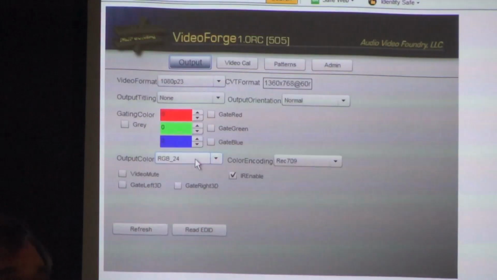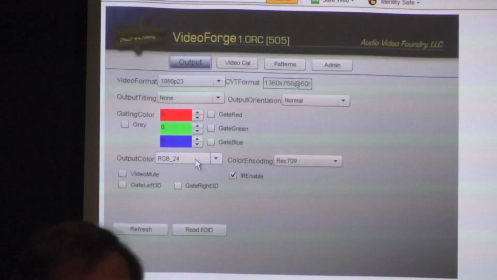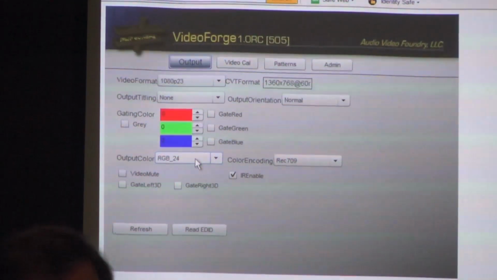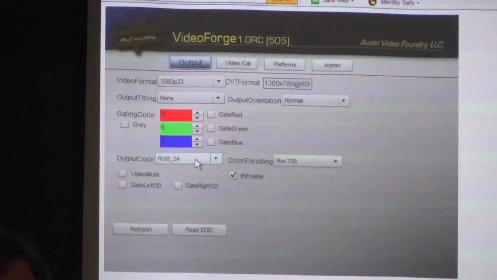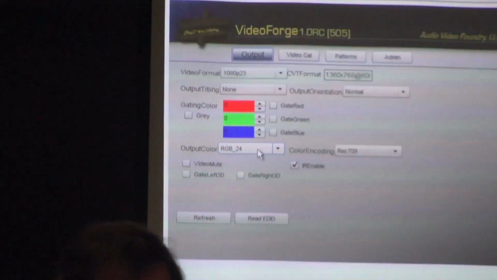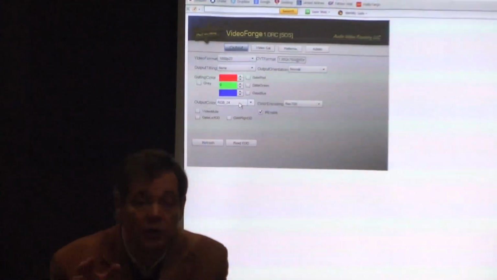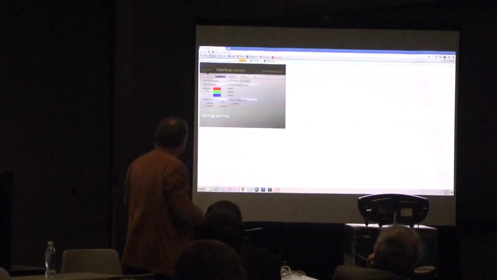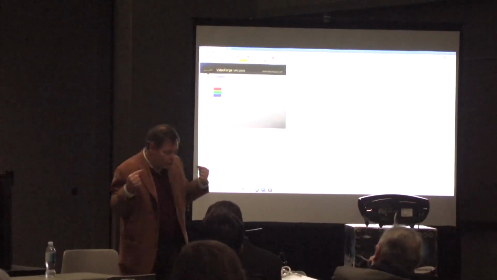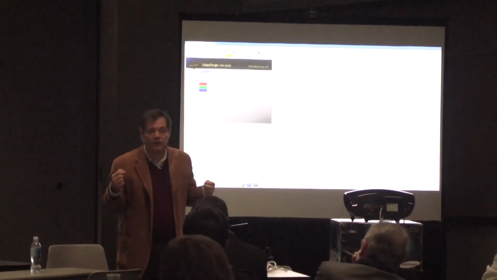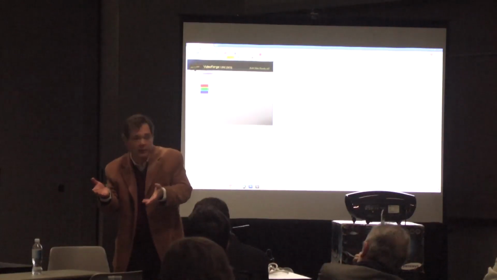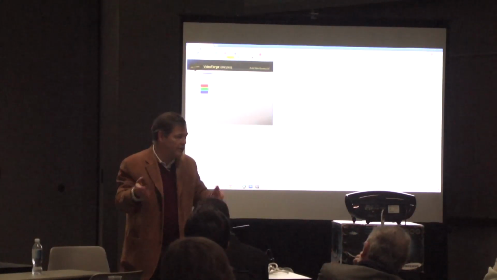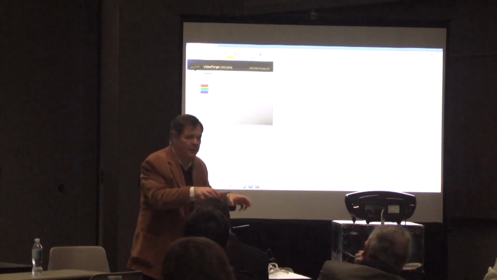In order to get a color picture back, I've got to have 2 more pieces of information. If you remember from basic algebra, if you're trying to solve for 3 unknowns, how much red, how much green, how much blue at any given time, you have to have 3 equations. So there have to be 2 other pieces of information. Those are the color difference signals, the Cr and Cb signals in the digital domain. That's the YCrCb domain.